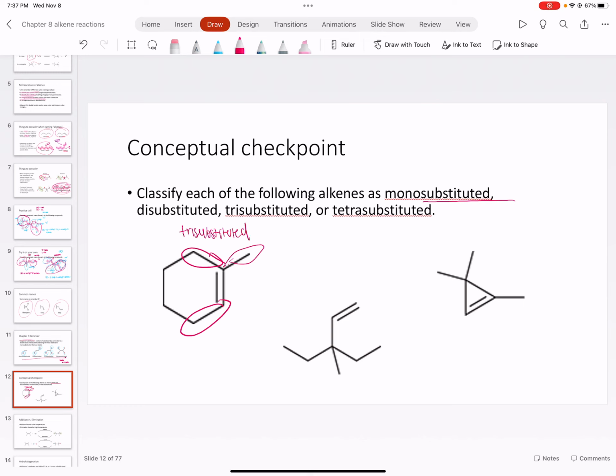Let's see, if I look at this one, I only have one carbon-carbon bond. Therefore this one will be monosubstituted. And then here I have 1, 2, and 3, so this one will be trisubstituted.